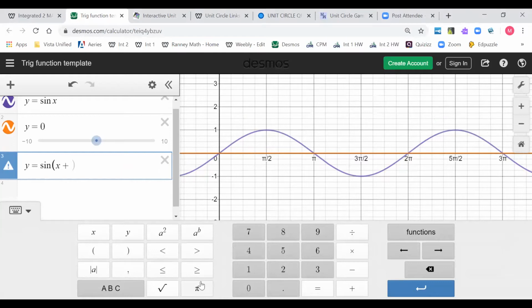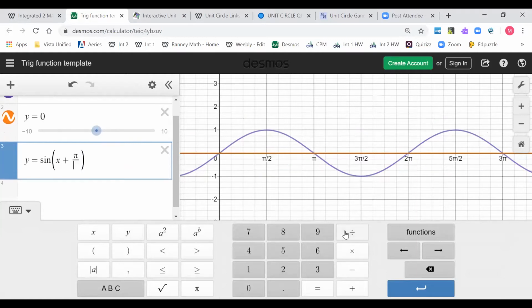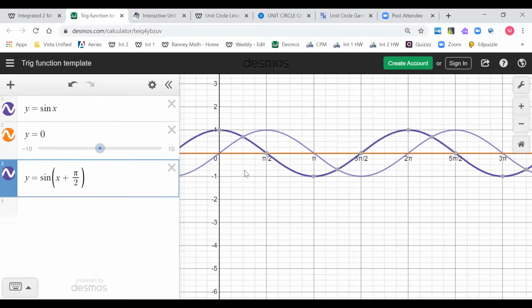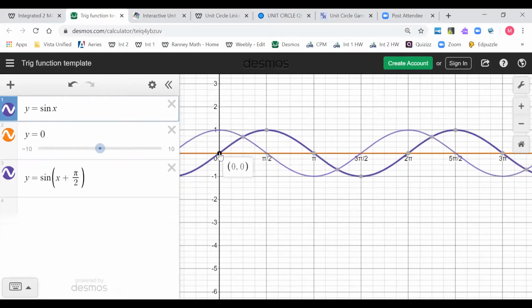And here is my pi, and whoops, I want it inside. Okay, so x plus pi, and if you do division, it automatically changes it to a fraction, okay? Pi halves.